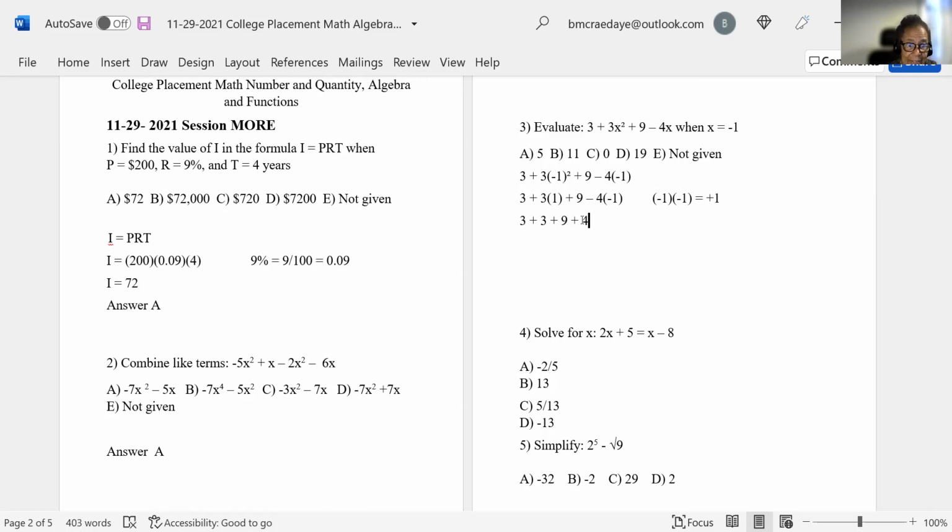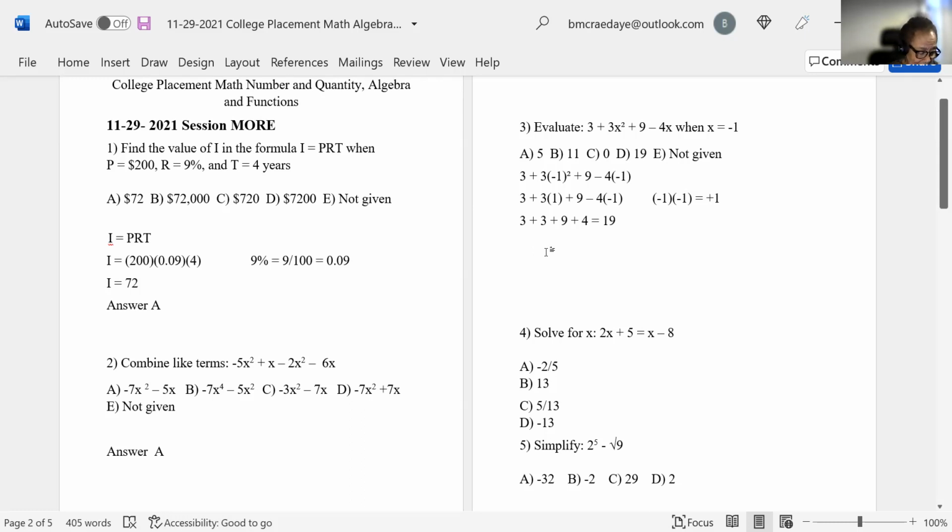So when you add this together, what do you get? I get 3 and 3 is 6 and 9 is 15 and 4 is 19. Okay, so what's the answer? D. That's right, answer D.